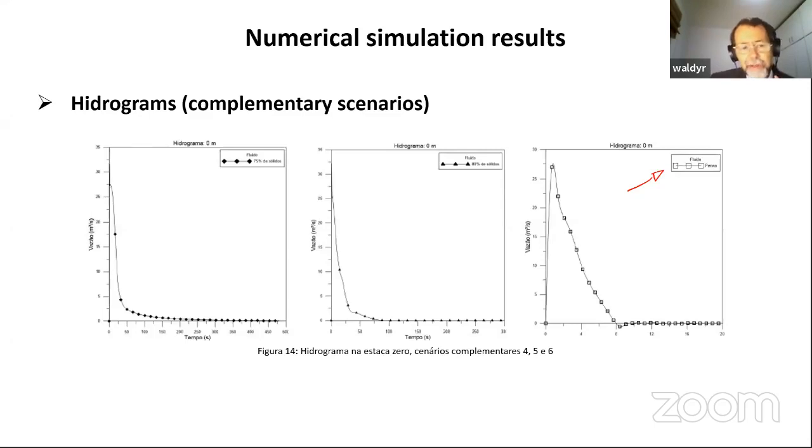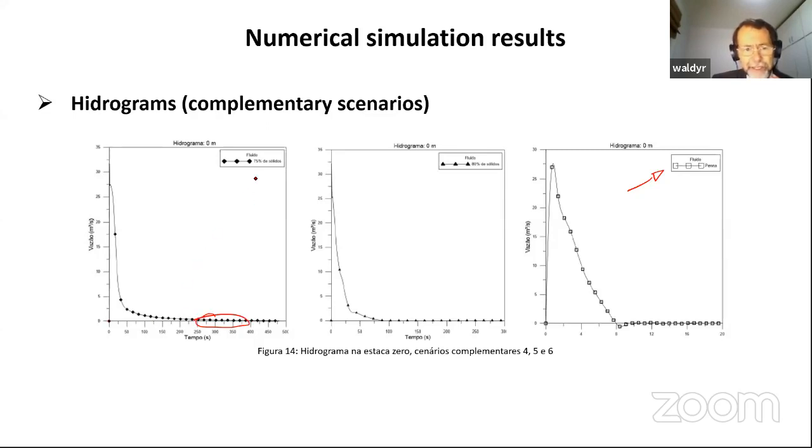It's interesting to note, because these hydrograms are going to show you, as I said, under this curve, the volume that passed through that section. If you consider that this is the flow rate in time, at this time there is no more material coming from the reservoir, okay?